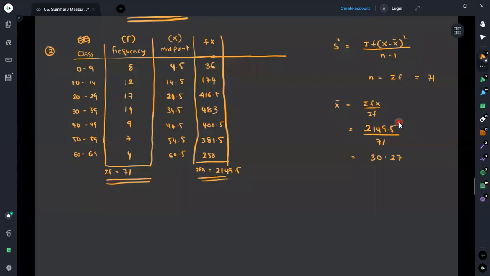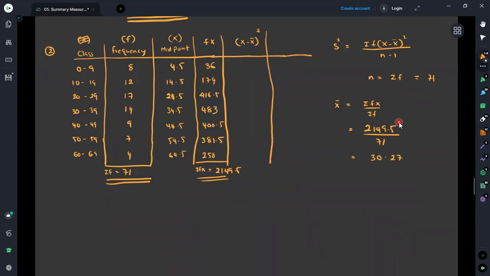Now we need to calculate the next column. If you need, you can calculate it as x minus x bar. But apart from making this a somewhat big calculation, I will directly calculate the x minus x bar squared values. Then it will be easy for us. Here we can see the values of x, and we know the value of x bar is 30.27.